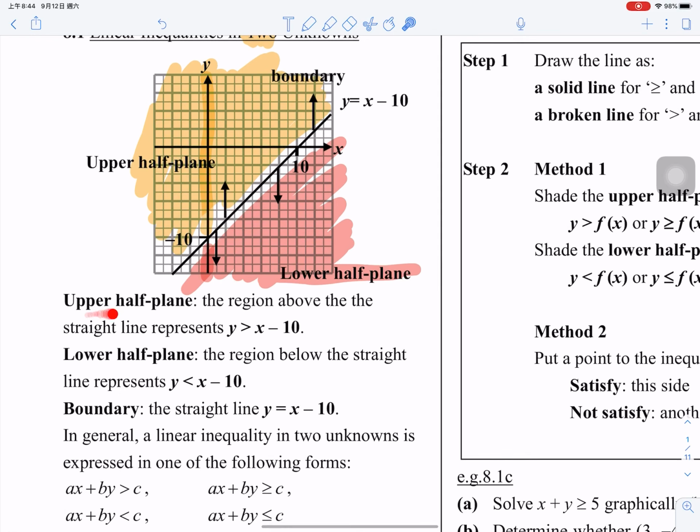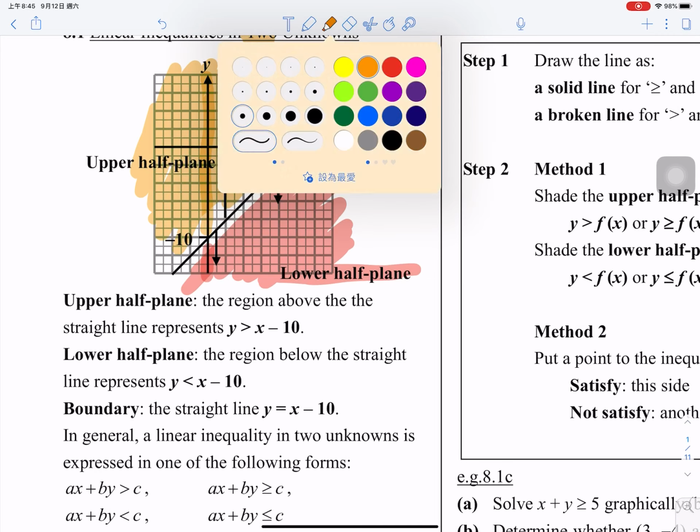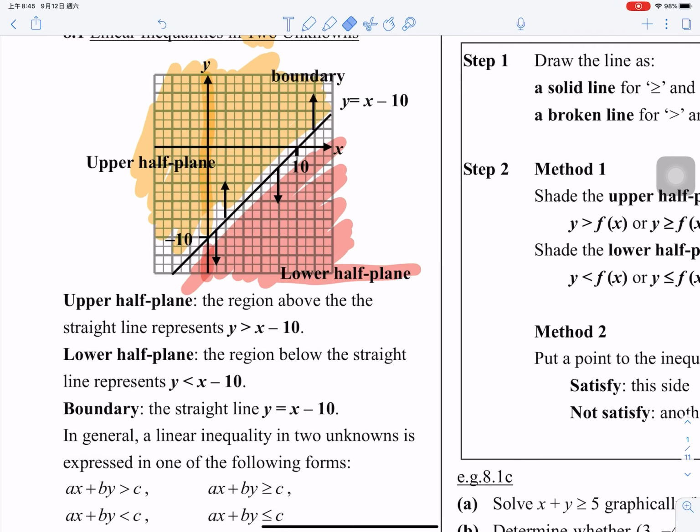Now have a look. What does the upper half plane mean? The region above the straight line represents y greater than x minus 10. Related to the straight line, above the straight line, then y is greater. Greater than x minus 10 is the upper half.